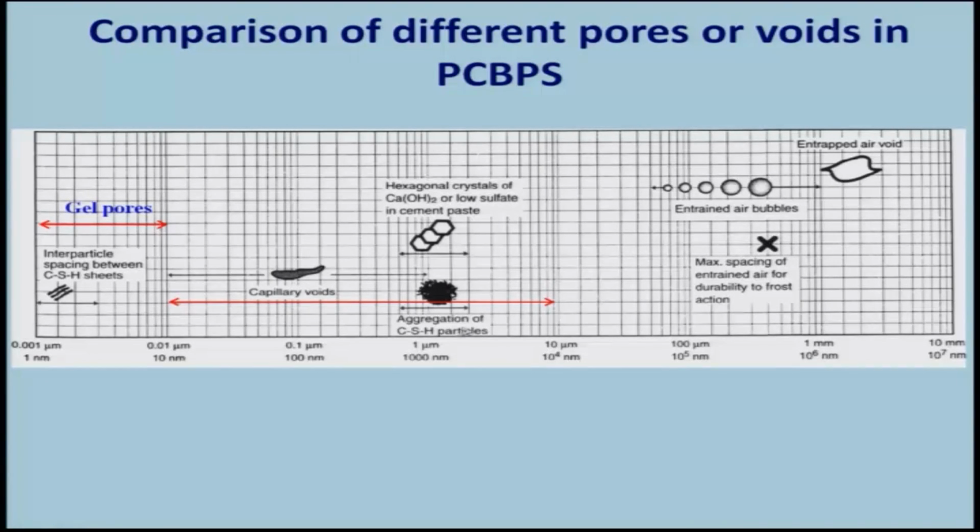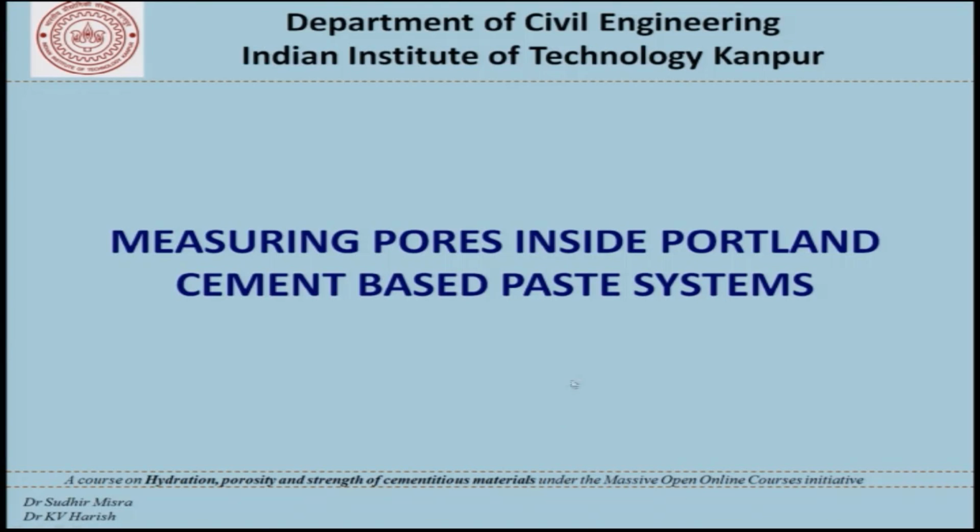Likewise, if you take the calcium silicate hydrate particle aggregation, it is somewhere in the range of 1 micrometer. And if you take the spacing of air bubbles, that is somewhere between 100 micrometer to 1 mm. So this figure primarily shows a comparison of the different voids and some of the hydrated and microstructural information and their size ranges.